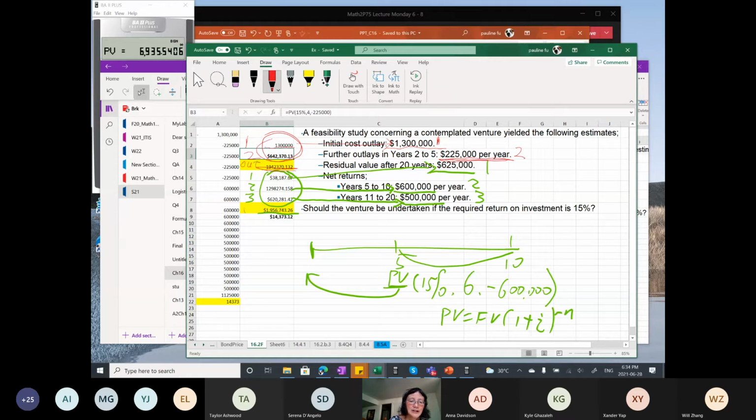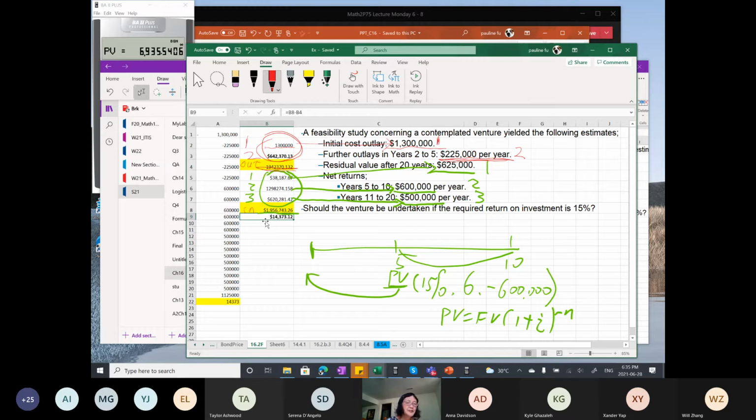And here you have money in. You use money in minus money out, you get the net present value. So in this Excel, it is B8 minus B4. You get this net present value, $14,373.